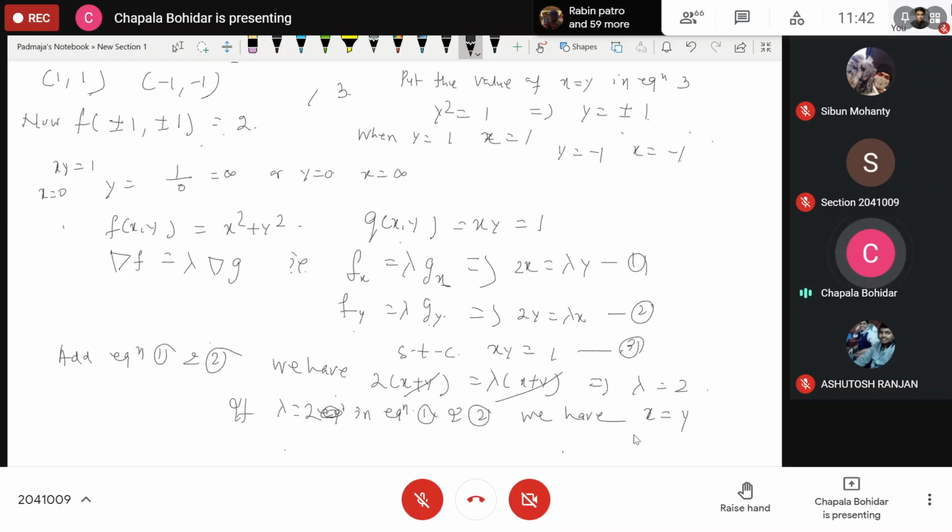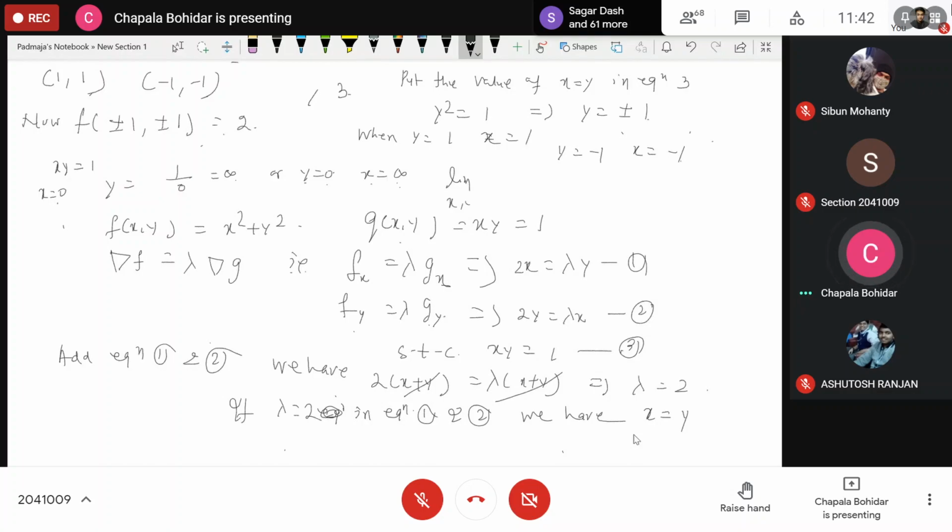Because it is not bounded, we have no maximum value. Considering x is equal to 0, y is equal to infinity, or y is equal to 0, x is equal to infinity as the limiting value, let us check that limit.